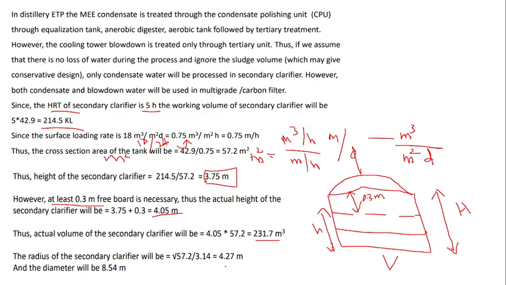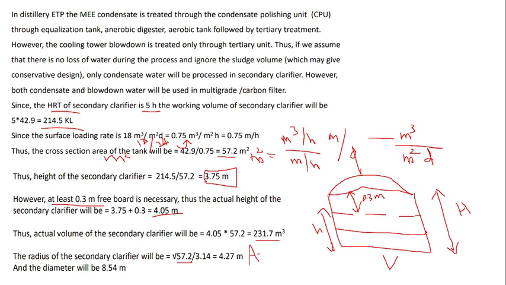So easily we can obtain the radius. The radius of the secondary clarifier will be the square root of 57.2 divided by 3.4. This 57.2 is coming from the cross sectional area. It is calculated from the area formula, not the volume formula.